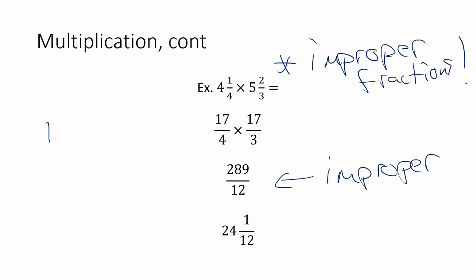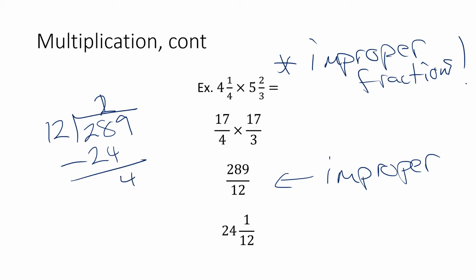So we'll do 12 into 289. 12 goes into 28 twice. Gives us 24. Subtract and get 4. Bring down your 9. And then 12 goes into 49 4 times to get 48. Subtract and get 1.